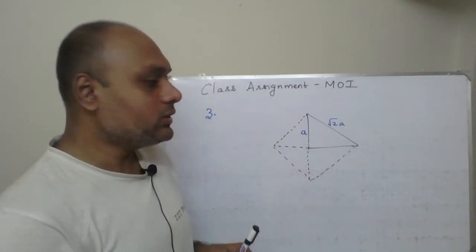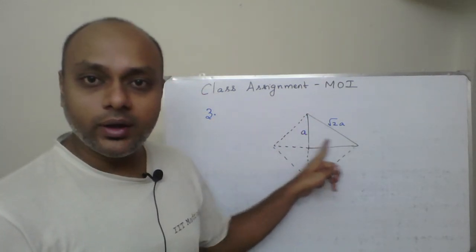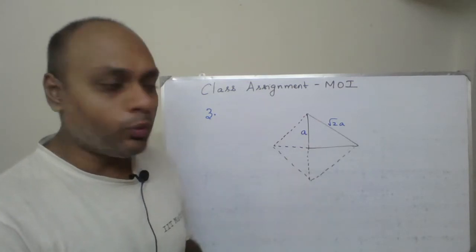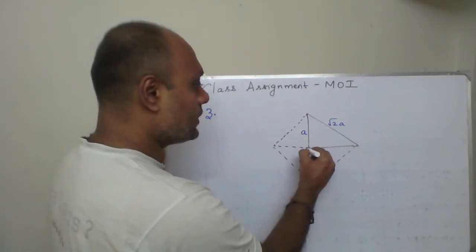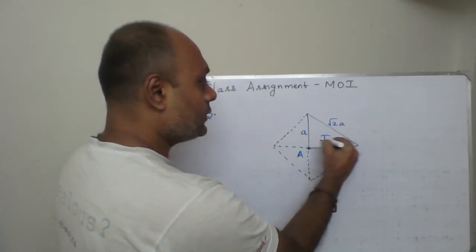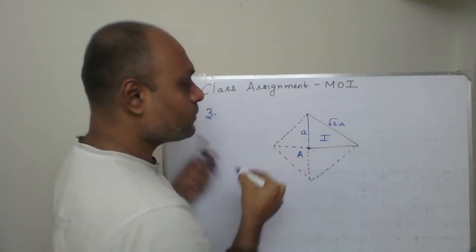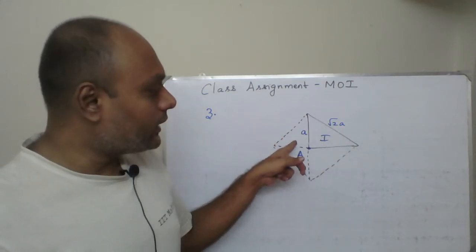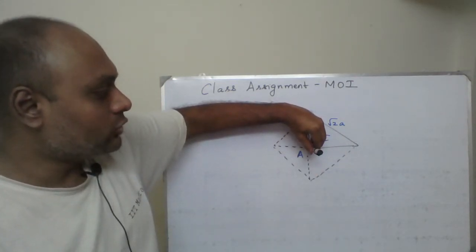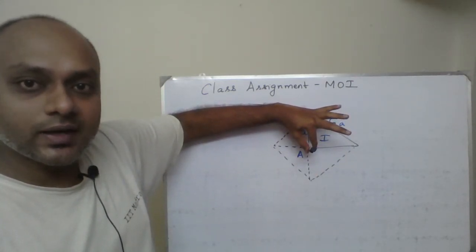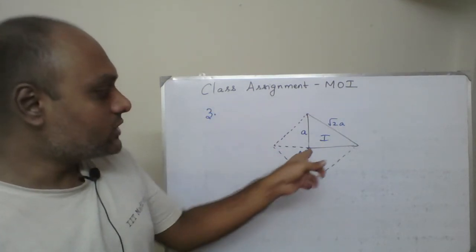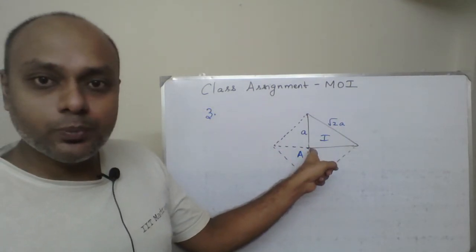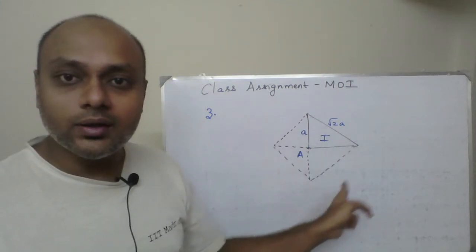Now what I need is moment of inertia for one triangle about axis passing through point A. So the point A is here. Now I will say that moment of inertia for this one triangle about axis passing through A is I. Now you look at the remaining 3 triangles. Visualize the axis passing through A. See, this is the axis over here. With respect to that axis, all the 4 triangles are symmetric.